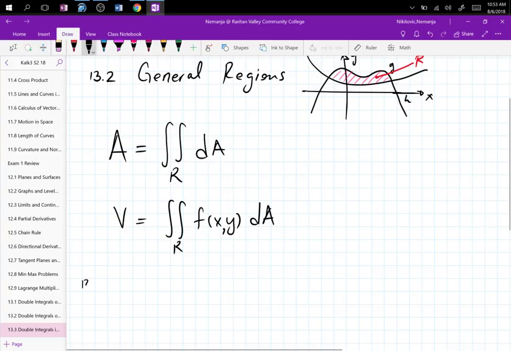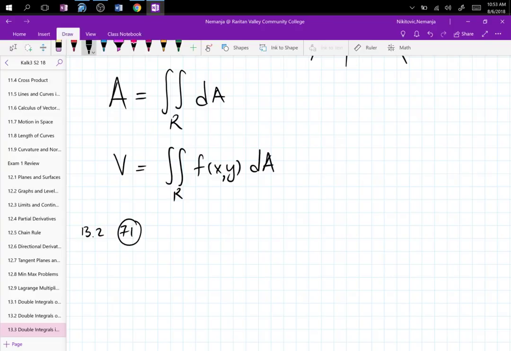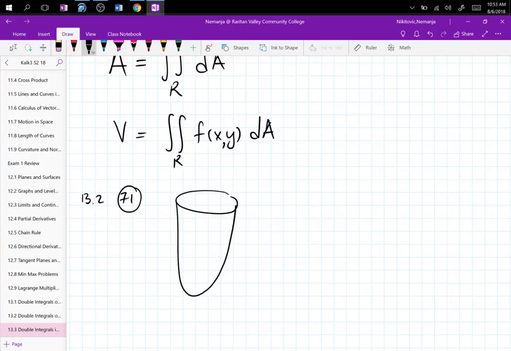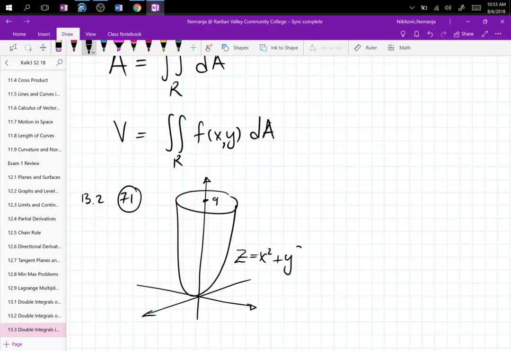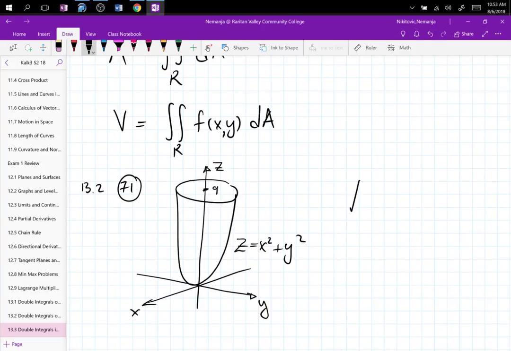This is 13.2, problem 71, which is asking you to integrate this. What is the name for this? Elliptical paraboloid, right? So that's at the elevation 9, and z equals x squared plus y squared, with your x, y and z axes. So what is the volume?